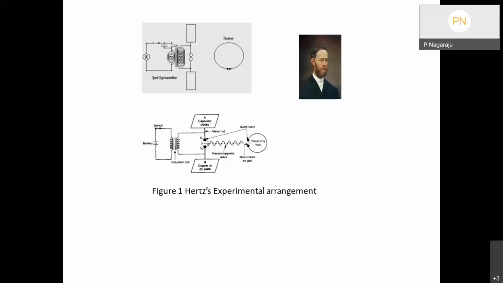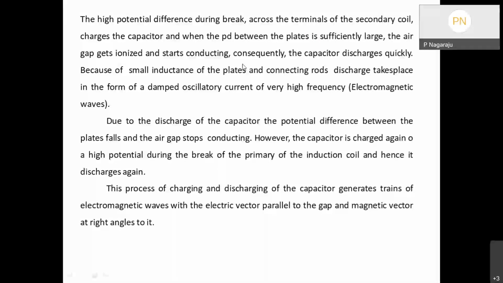Once the potential difference between the plates is sufficiently large, the air gap which you have got there gets ionized and starts conducting.